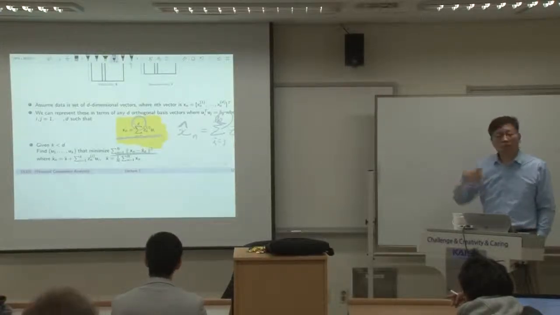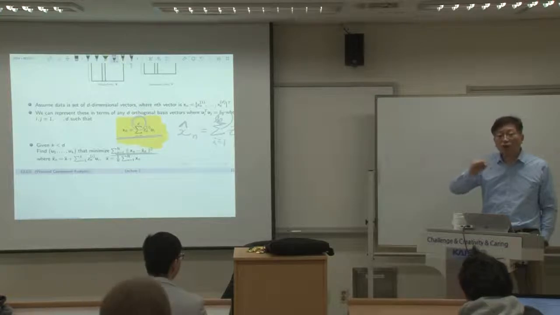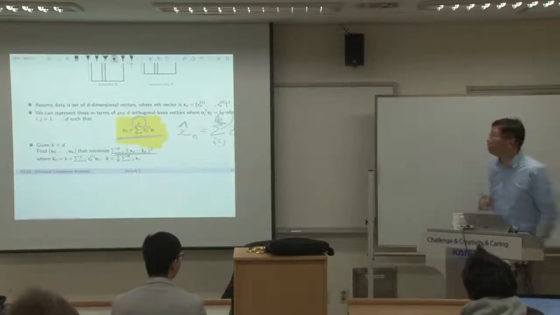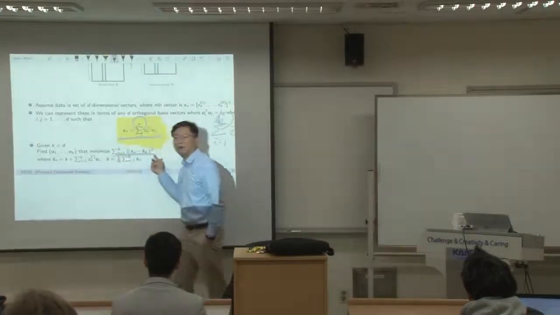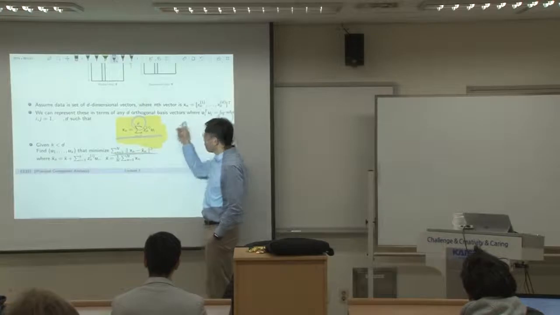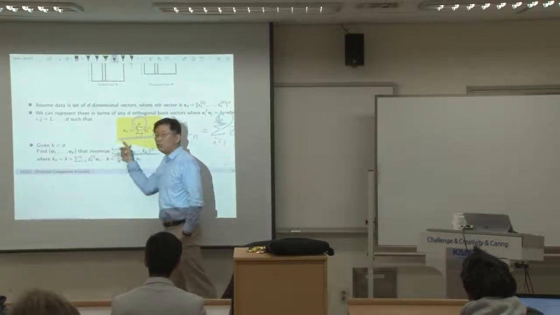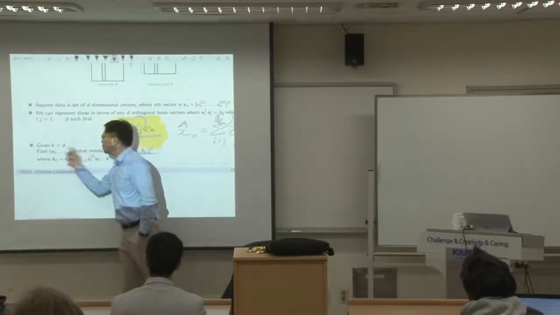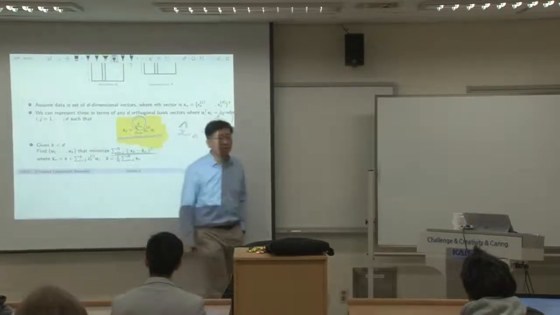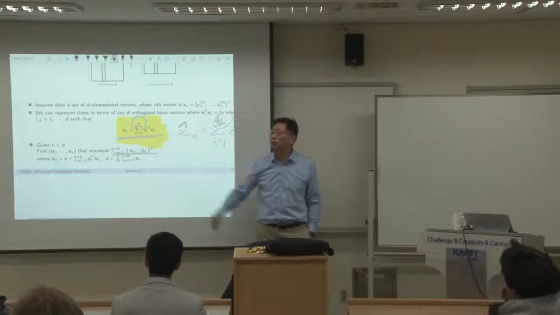I also want maximum variability on the projections, K number of them. I also want to minimize the reconstruction error. This is reconstructed using only K. This is the original, and I want to minimize this. That's what this should be doing.